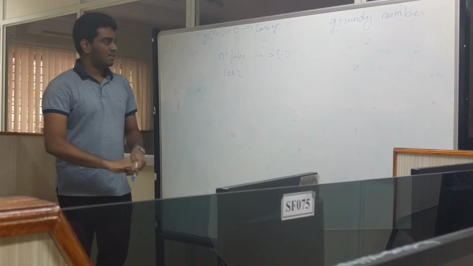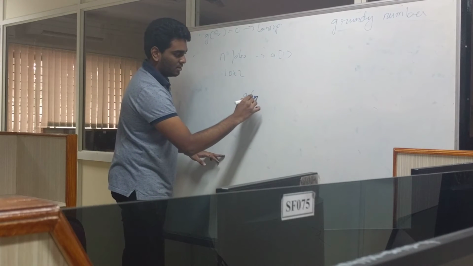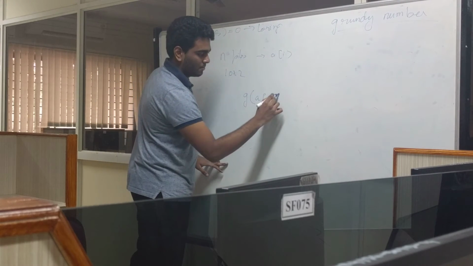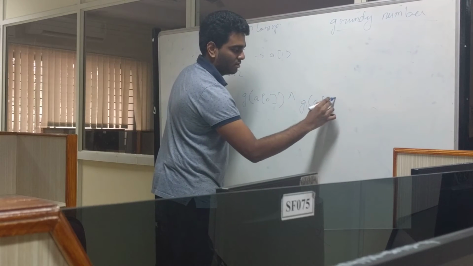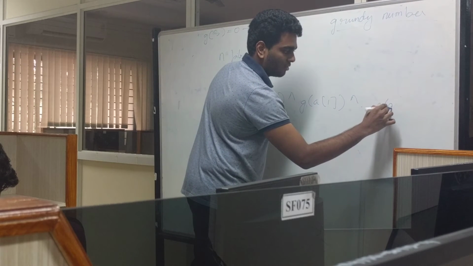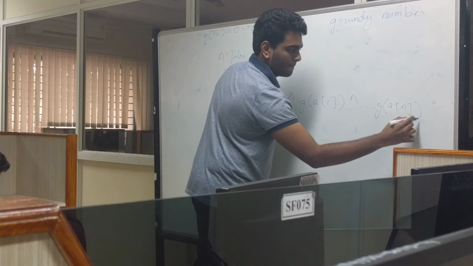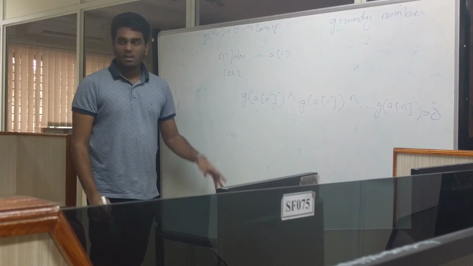The winner is determined by the Grundy number of a of 0 XOR Grundy number of a of 1 XOR dot dot dot Grundy number of a of n. If this is 0, A loses.